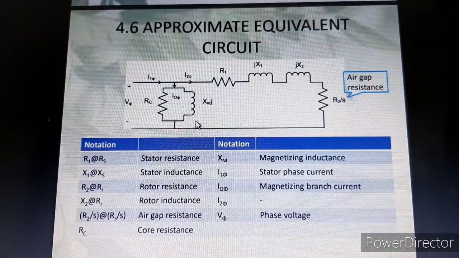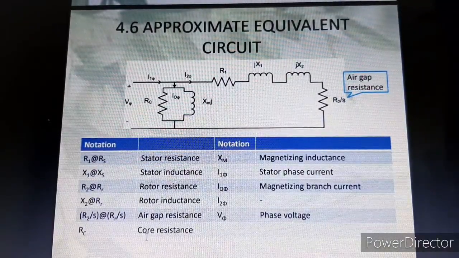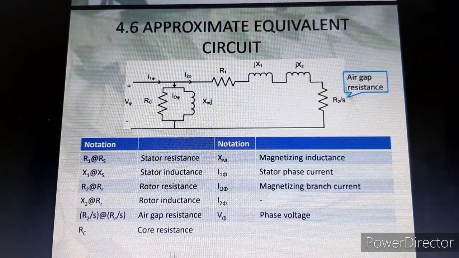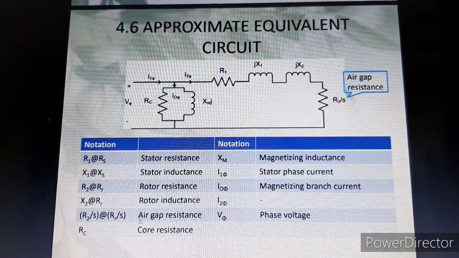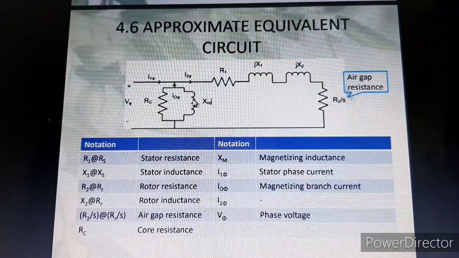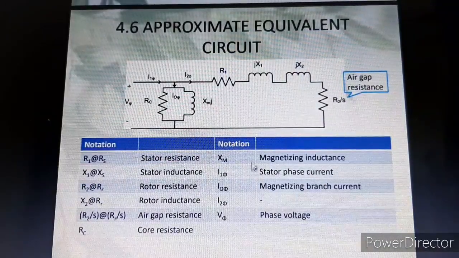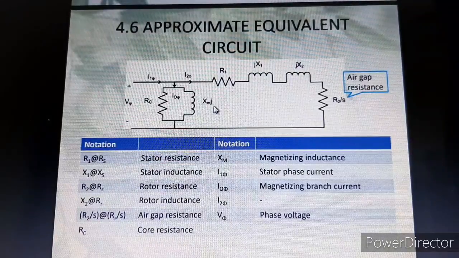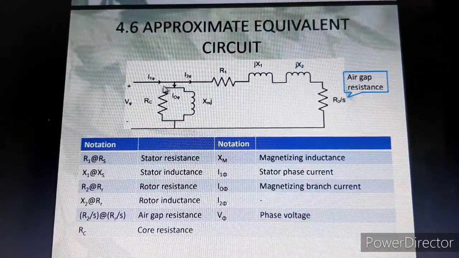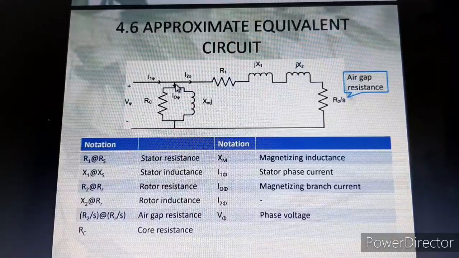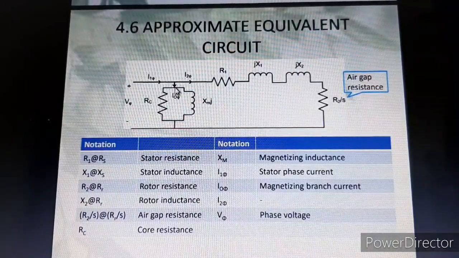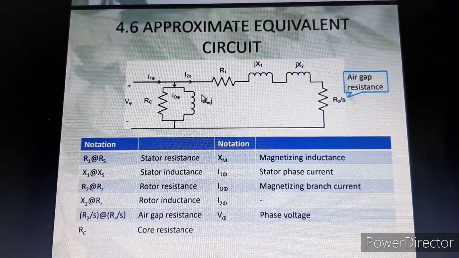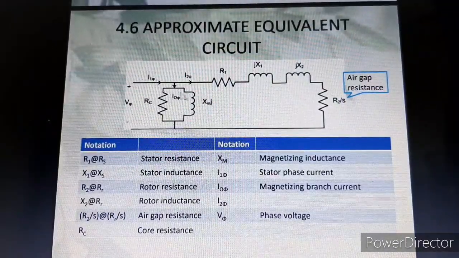RC is the core resistance, because we have a core in the induction motor. And XM is the magnetizing inductance. Just like the transformer, this branch is called the magnetizing branch.